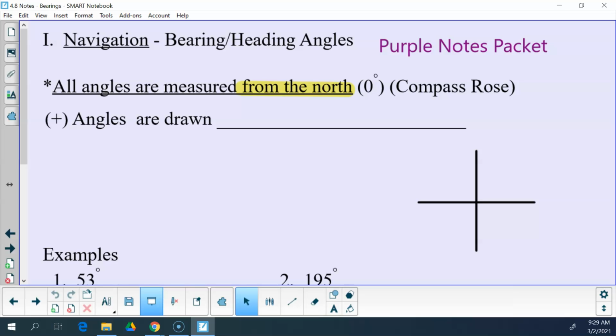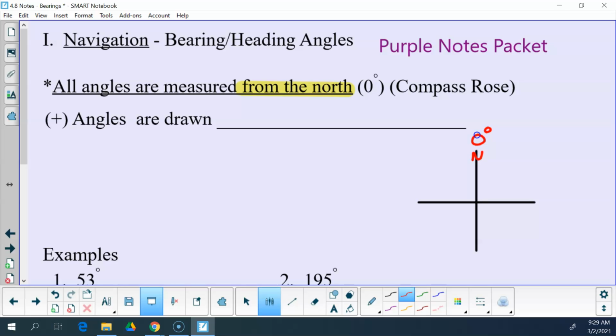And the compass rose has north being 0 degrees. So straight up top is north, that is 0 degrees. Okay? So if you have a heading of 0 degrees, you're going straight north.